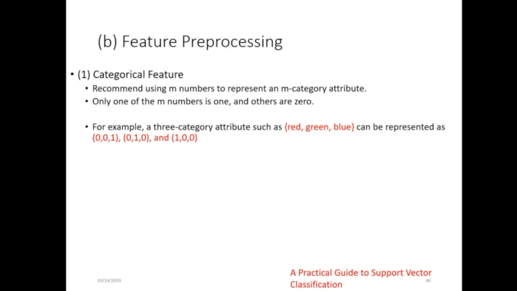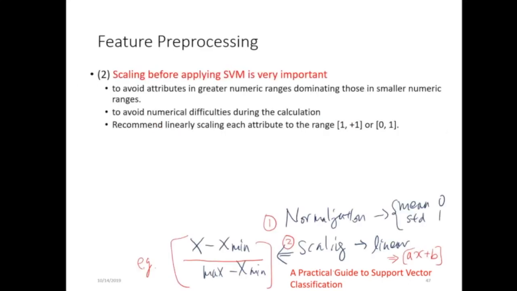If you have a discrete feature with 3 different possibilities, you're going to use a vector of size 3. If it's red, it's 0, 0, 1. Only one of the entries is 1, and all the other entries are 0. So this is called basis vector-based representation to represent categorical features.